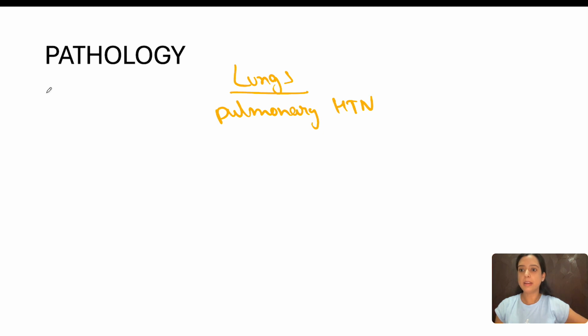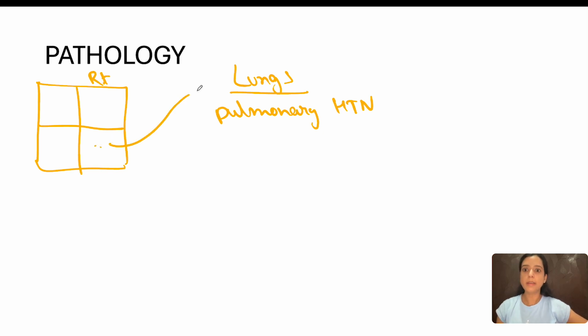So if I can make a heart here, this is the right side. Now it is not able to push this blood to the lungs, resulting in the blood getting filled in the right side. Something called right-sided heart failure. So there is pulmonary hypertension resulting in right-sided heart failure.